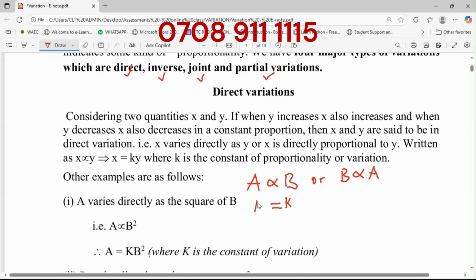So we'll say A is now equal to KB, K times B. This is how you convert the proportionality sign to an equality sign.